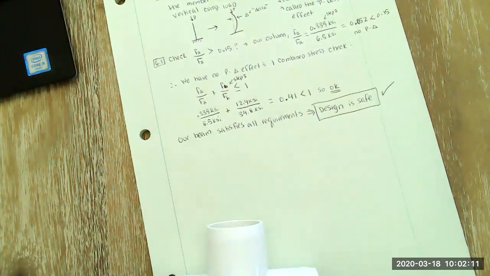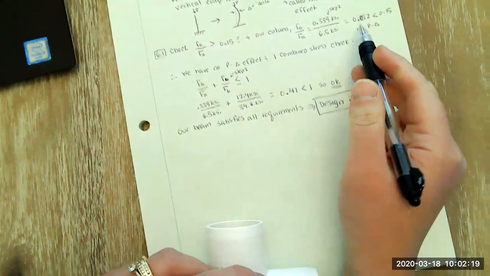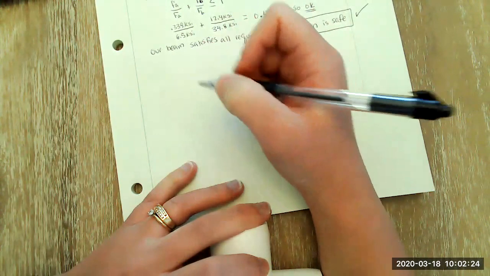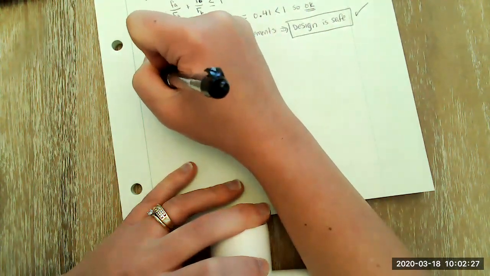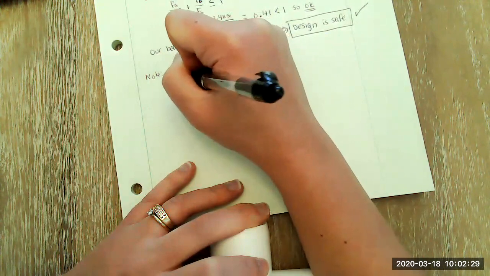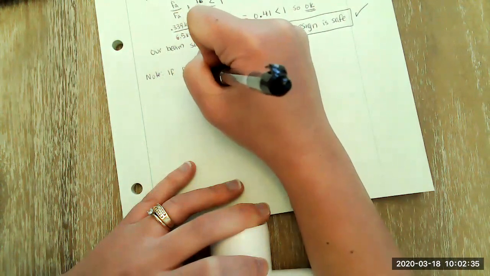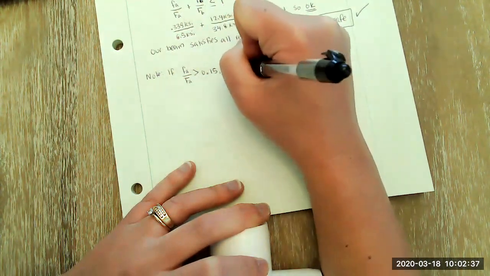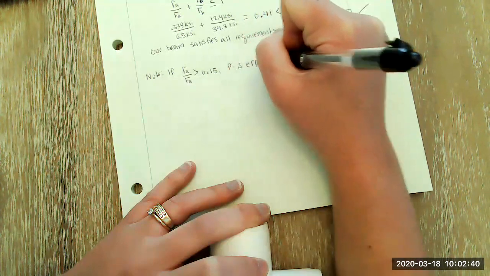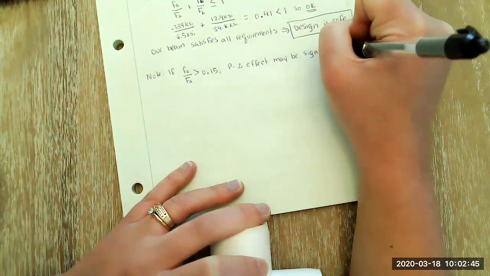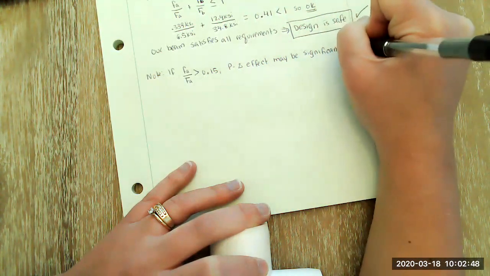Very quickly, I do want to point out there's two other situations that you could have considering the P delta effect. So what if we found that our ratio was greater than 0.15? So if lowercase f sub a over capital F sub a is greater than 0.15, the P delta effect may be significant. So we have two checks.